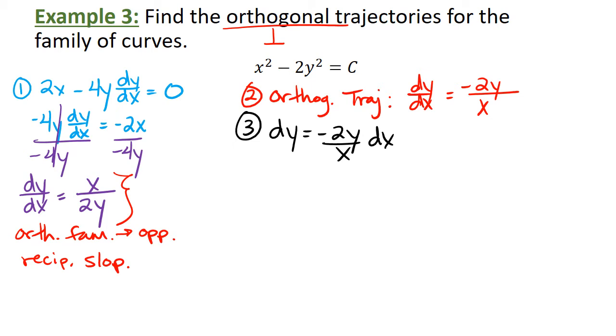I'm going to leave the negative 2 there, but divide by y. So when I do that, I'm going to have 1 over y dy is equal to negative 2 over x dx. And now that the variables are separated, I can go ahead and integrate both sides.